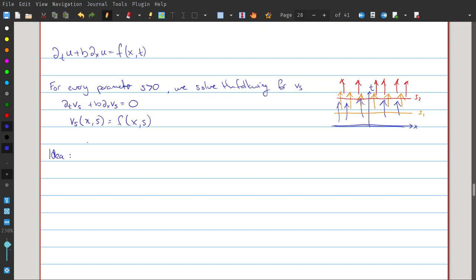There's infinitely many solutions, so instead of summing them together, we integrate them together, up to time t, v_s, t, ds. So notice that this is an integral over the parameter s. All right, and so we're integrating the solution to all these different problems together, and the idea is that should give us a solution to the inhomogeneous problem.